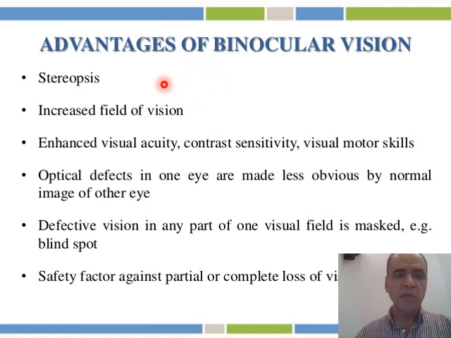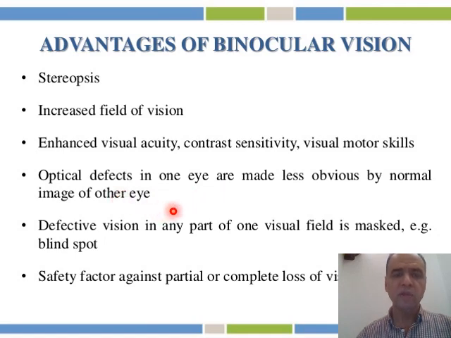There is a summation of the visual fields of both eyes into one visual field. Also, visual acuity becomes better than when using one eye. Another advantage of using both eyes simultaneously is that when there is an optical defect in one eye, for example cataract, this can be compensated by the image of the other eye.